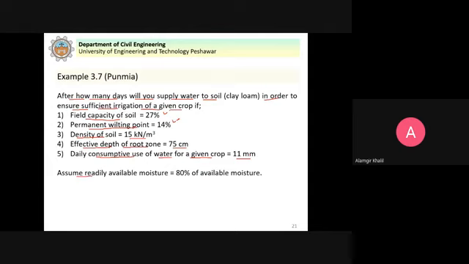Now we assume that readily available moisture is 80% of available moisture. So how to solve this problem? Let us try to solve it step by step. First we calculate available moisture.